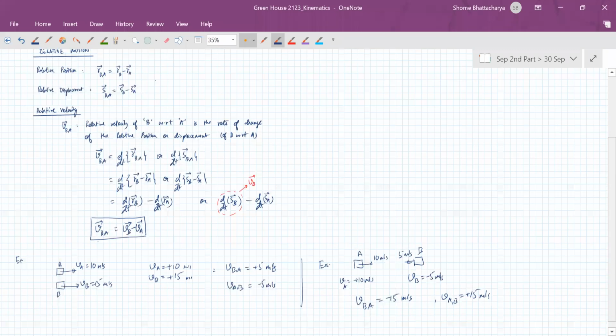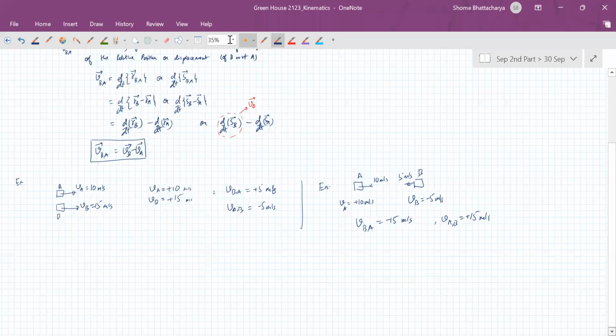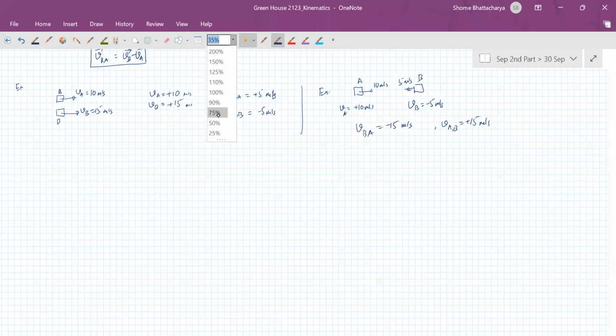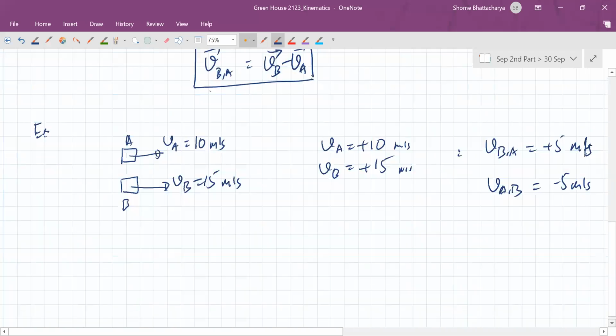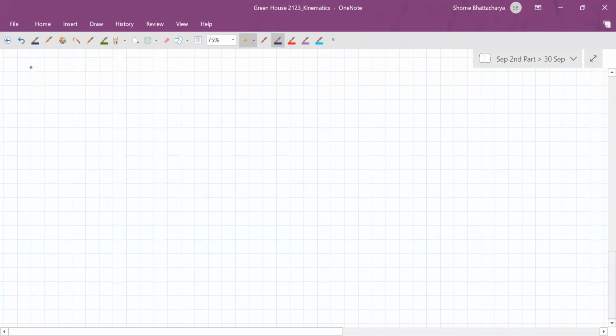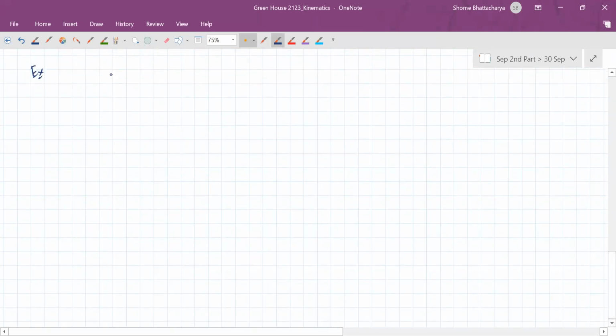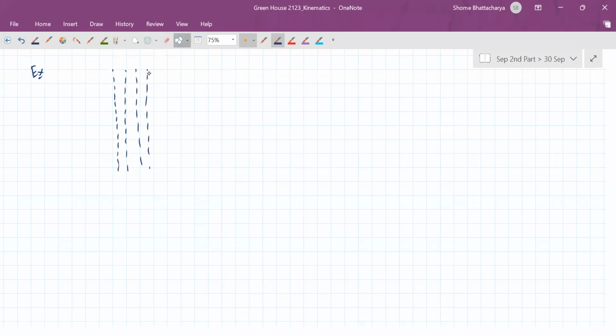Okay, so hope these are clear. Now let's look at another example of relative velocity. So we have this situation where rain is falling vertically with a vertical velocity vector like this.